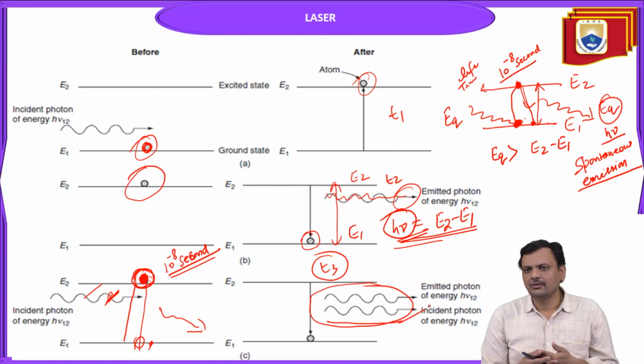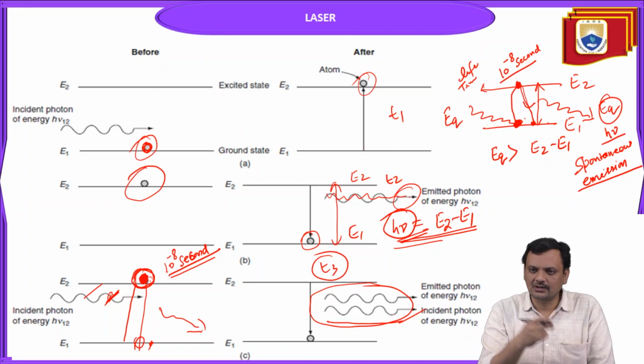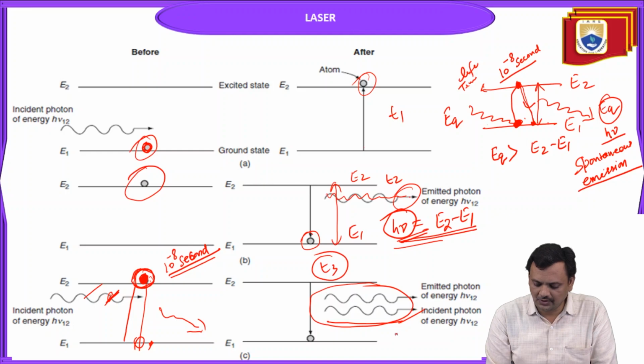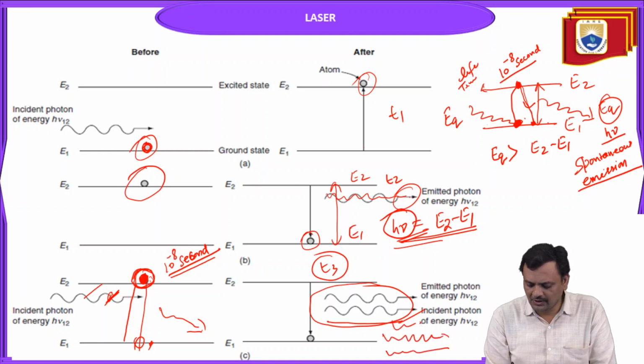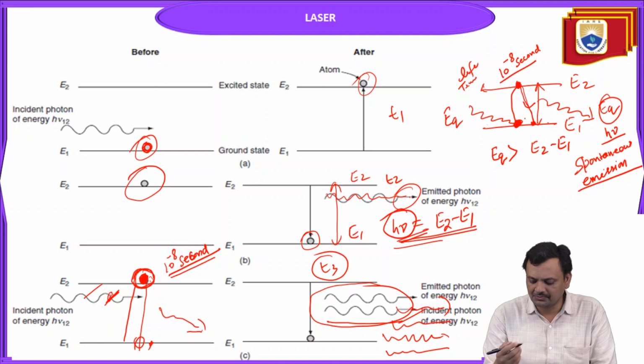Now what happened? Your intensity of light is increased. Now these photons will again hit excited atoms and they will generate additional photons. Now these two photons will be converted into four photons. Now these four photons will be responsible for generation of 8 photons.